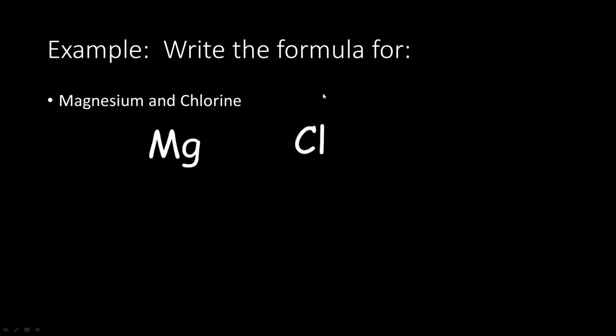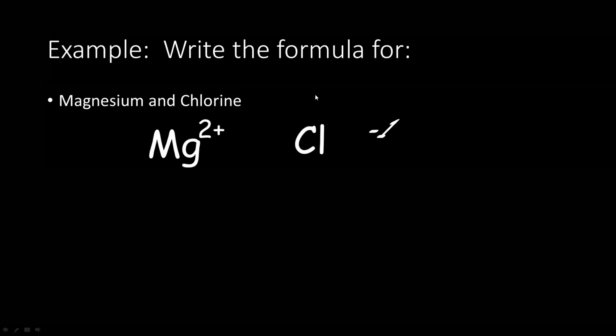So my worked example, magnesium and chlorine. Magnesium is in group 2, so it's got 2 pluses. And chlorine is a halogen right next to the noble gases, so it's going to have 1 minus.